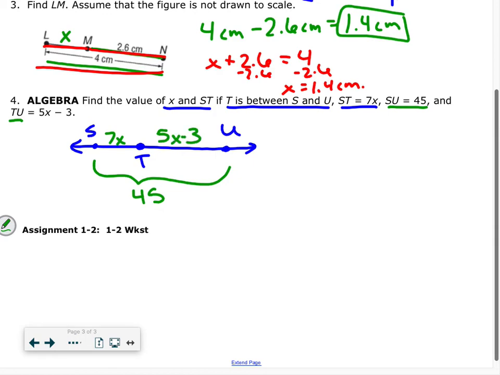Now what we need to do is set up an equation based on our diagram to represent the situation. So we want our short piece plus the other short piece equals the entire length, which is 45. And now we just solve the equation. 12x minus 3 equals 45.